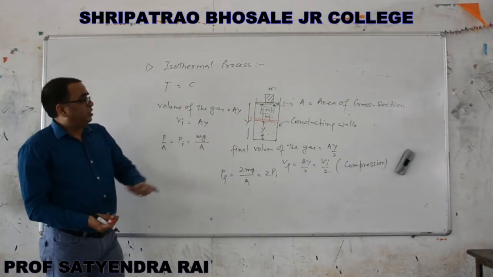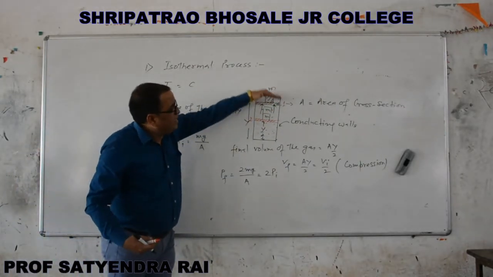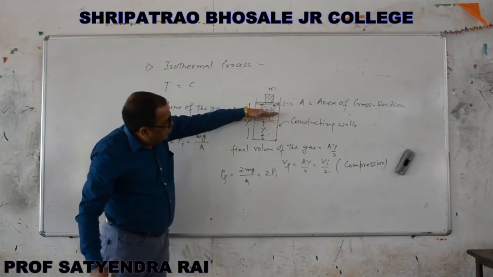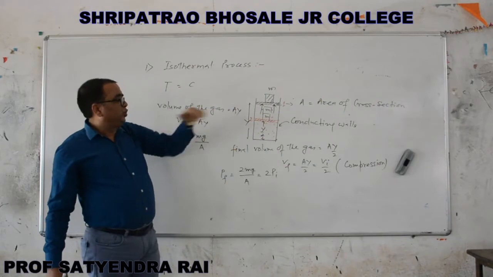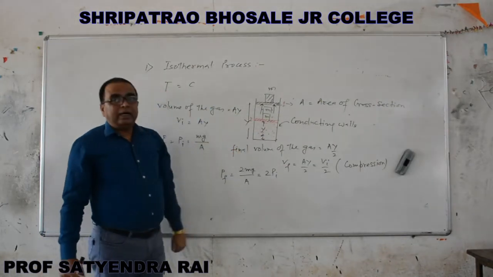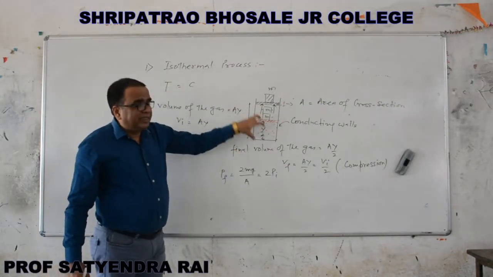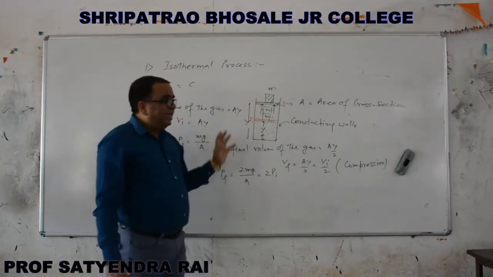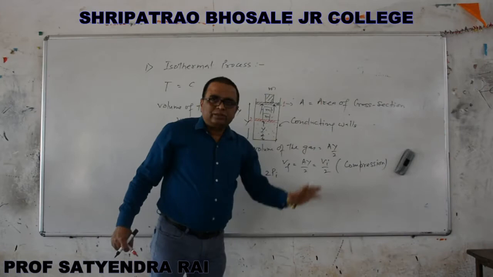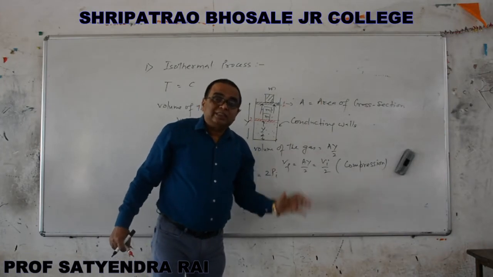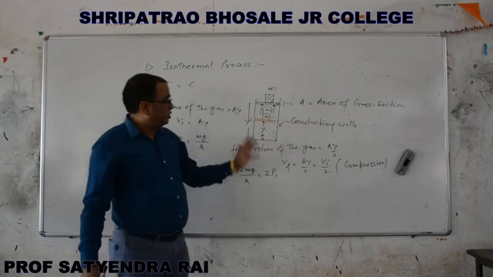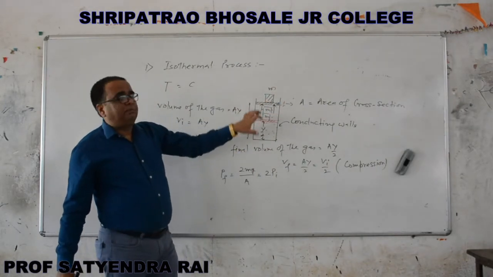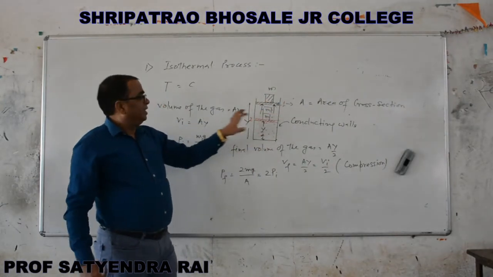I said that if we double the load, the piston goes down slowly to the second position. That means the gas gets sufficient time to release some heat to the surroundings, and by doing so it becomes capable of maintaining its temperature.